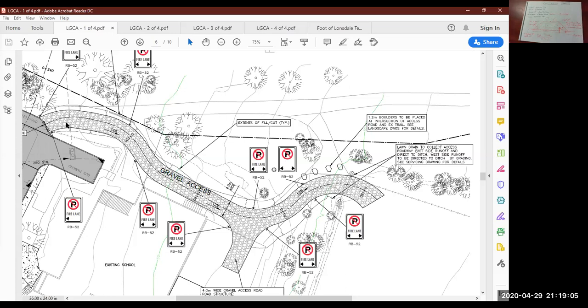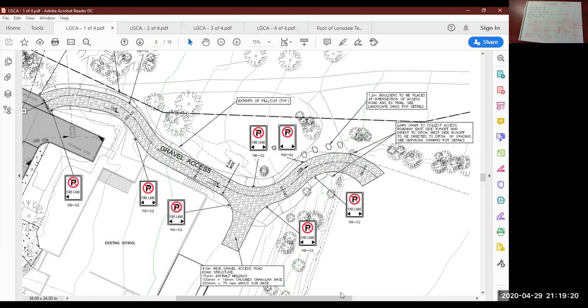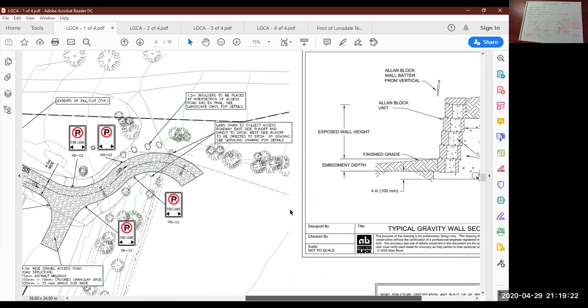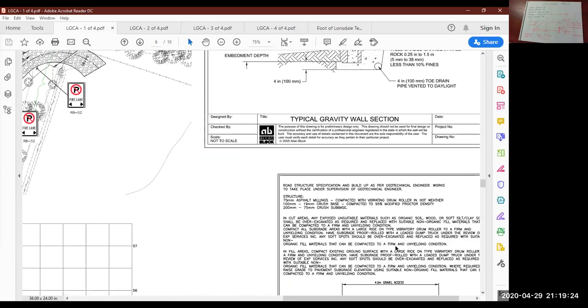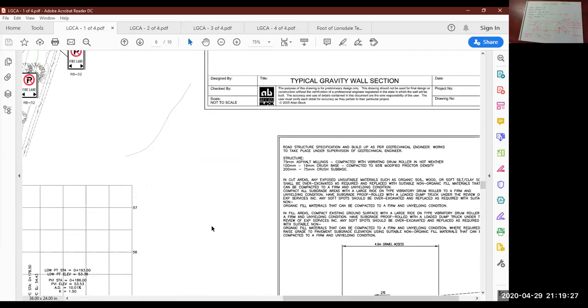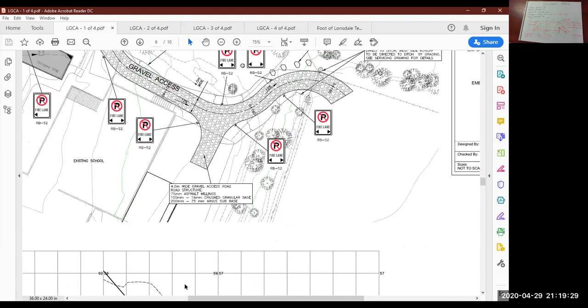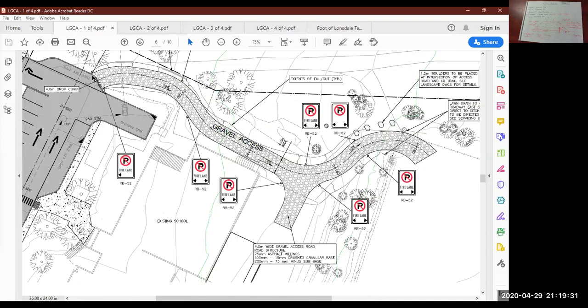What I'm telling you is, assume the road is a consistent width all the way through here, up to and stopping at 0 + 180. Ignore this widening and this turnaround here. I believe you're given a width of the road. It's 4 meters wide. So you've got a 4 meter wide access road from 0 + 100 up to 0 + 180.